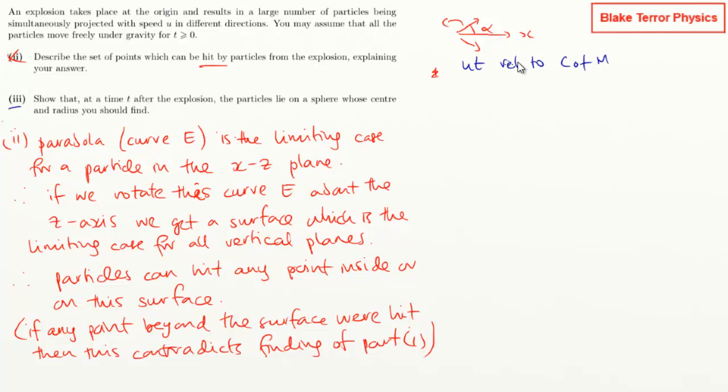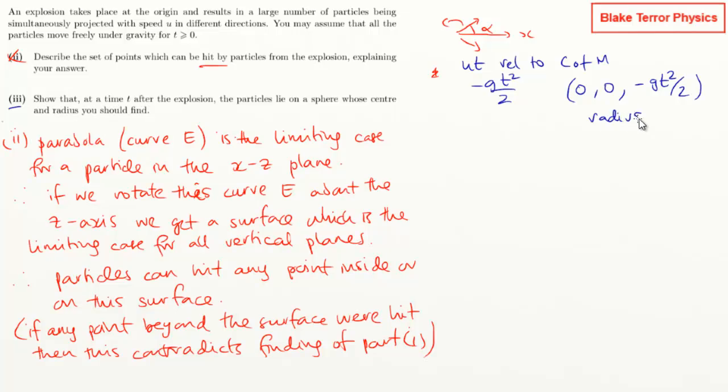So that's going to be the radius of our sphere, and our center of mass, which is just starting at the origin, would have moved from rest in the z direction minus gt squared over 2. So what we're expecting to get is a sphere which is going to have that center and a ut radius.